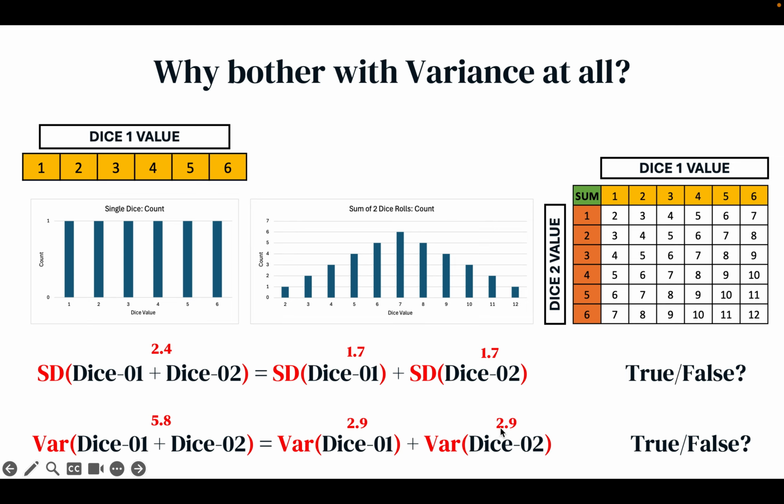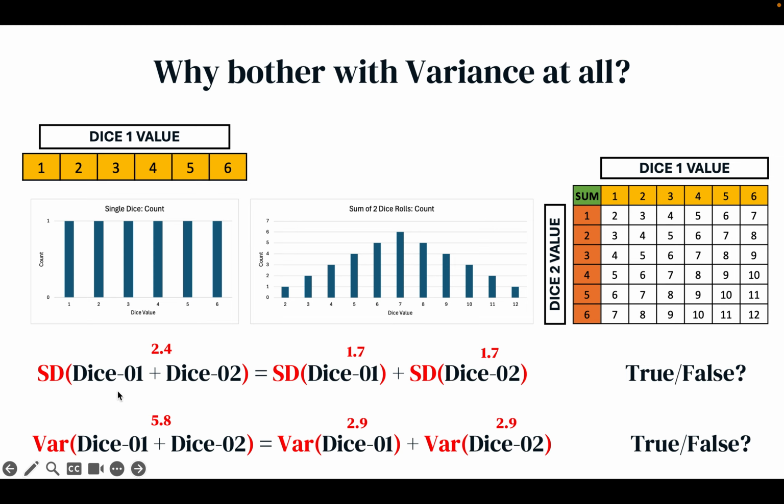So 2.9 plus 2.9 in fact equals 5.8. This is super important in many aspects because we could now use variance as a tool to understand perhaps distributions or dispersion in distributions that have more than two dice without having to compute this matrix.